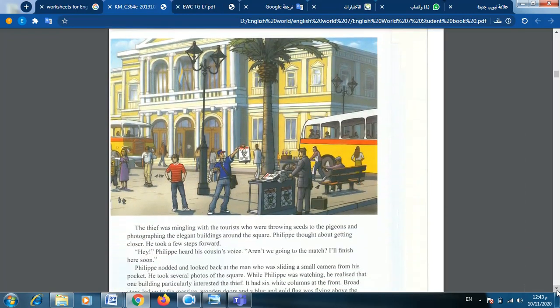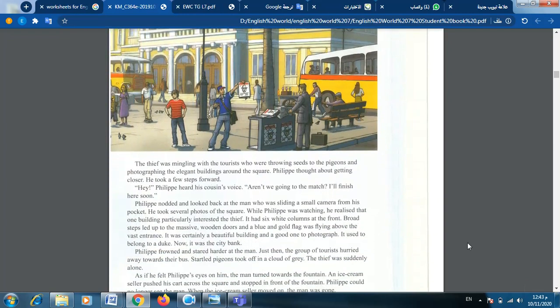Look here. This is another picture. The thief was mingling with the tourists who were throwing seeds to the pigeons and photographing the elegant buildings around the square. The thief was mixing with the tourists.